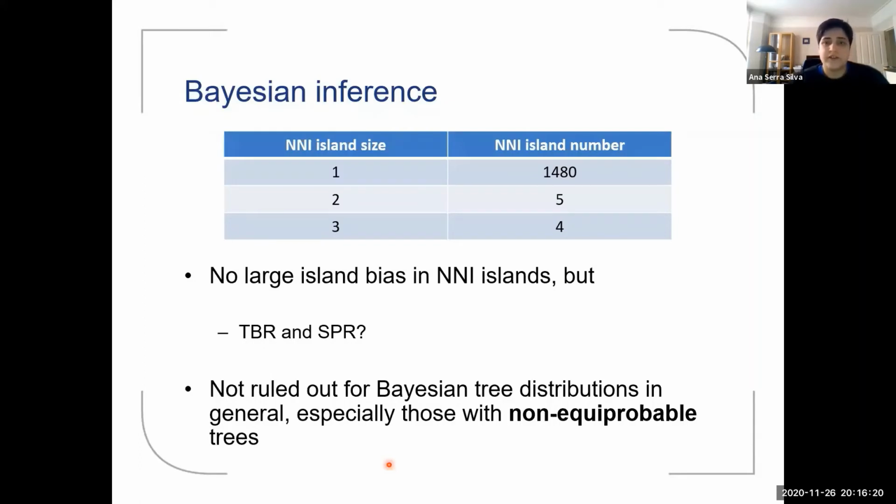However, this is a very large tree distribution, which means that this is not a good way of trying to explore whether there is large island bias in Bayesian and in resampling analysis. So we are currently trying to find whether there is the potential for large island bias in smaller tree distributions, and also when we have to deal with non-equiprobable trees.